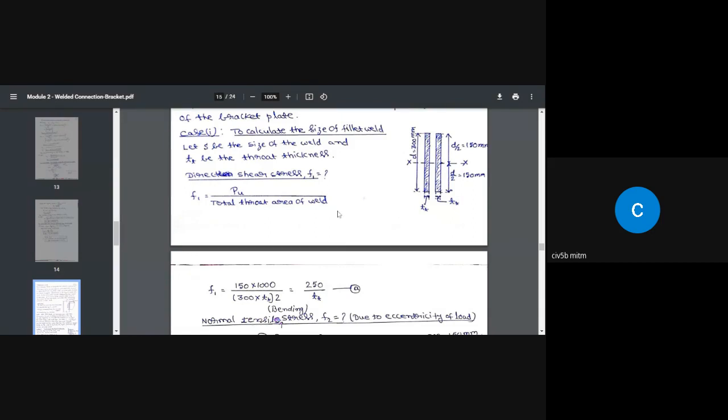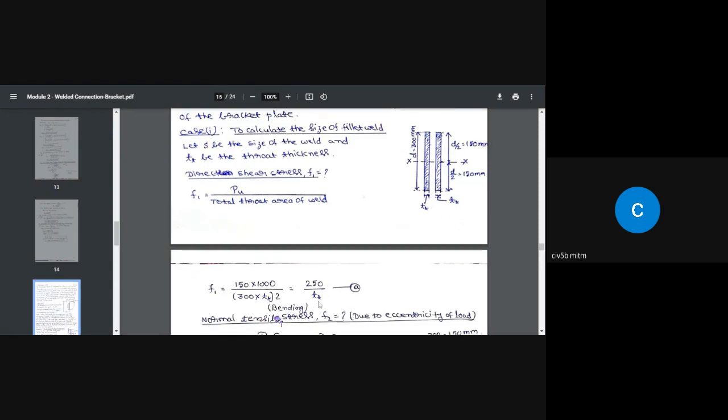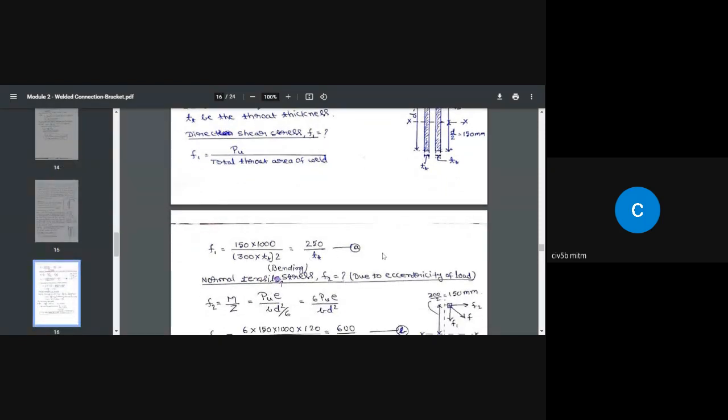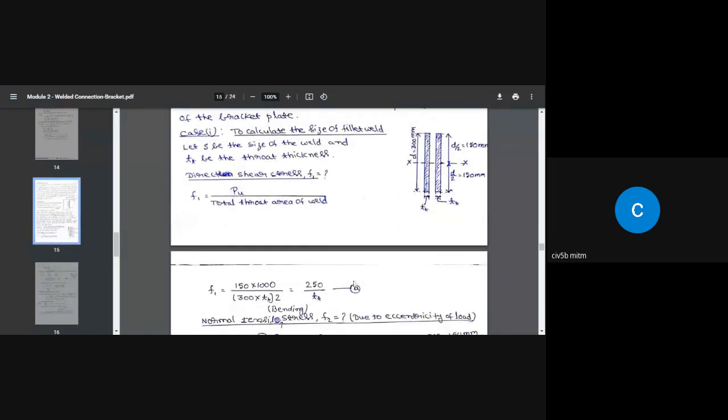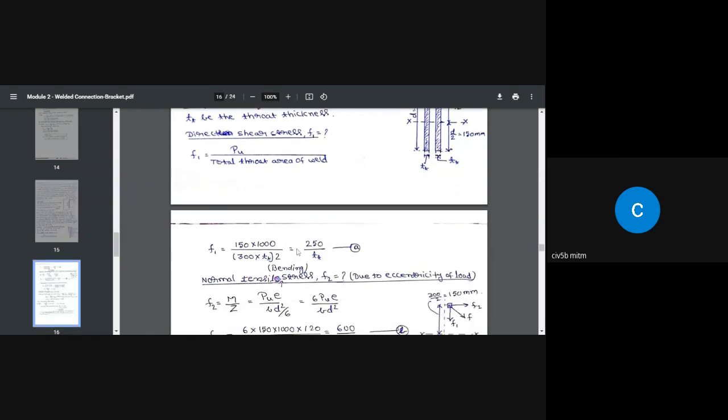Throat area of the weld is given by TT multiplied by 300, multiplied by 2 because we have 2 welds. So finally we got this value equal to 250 by TT. As far as F1 is concerned, it is uniform throughout the length of the weld. Each unit area of the weld is going to be subjected to a uniform shear stress of this value.